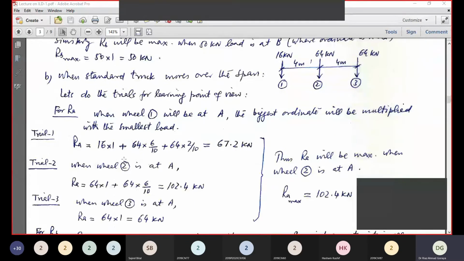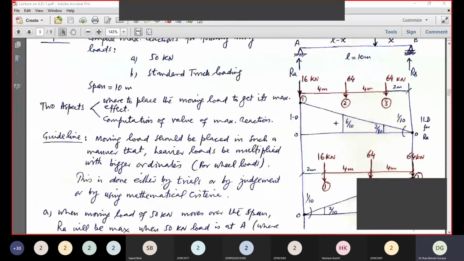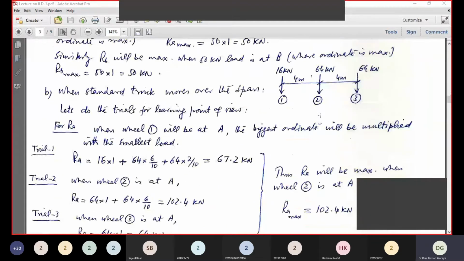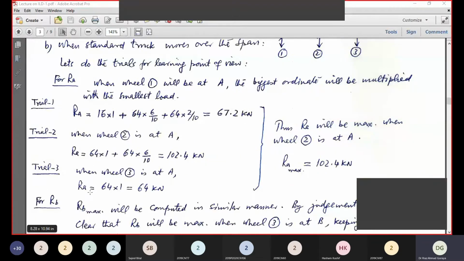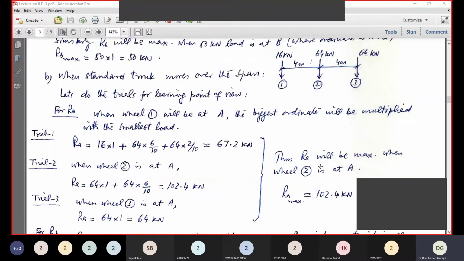RA, 64 into 1 plus 64 into 6 by 10. That is 102.4. Similarly, make the third trial when the third wheel is at A. These two wheels are out. So third trial says that 64 only. So the RA will be maximum when wheel 2 is at A, and its value is 102.4. जी यहां तक किसी को कोई कंफ्यूजन, कोई क्वेश्चन आपका?